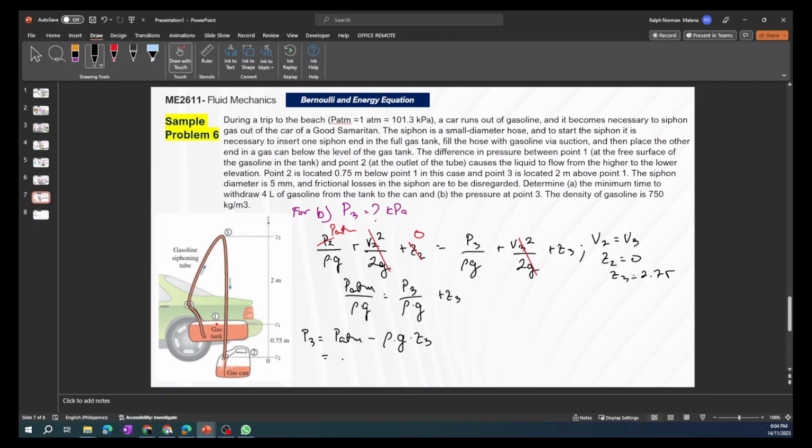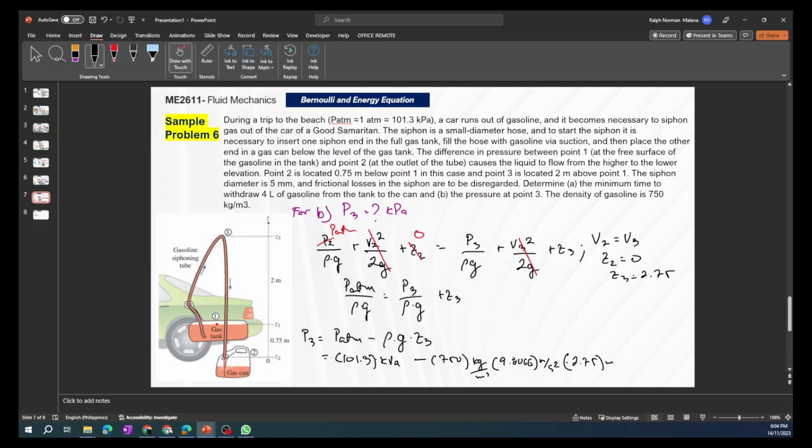So all we have to do now is simply substitute the known values. We are given atmospheric condition 101.3, which is already provided here, in kilopascal, minus density, which is given at 750 kilogram per meter cubed, multiplied by 9.8066 meters per second squared, multiplied by Z3 as 2.75 meters.